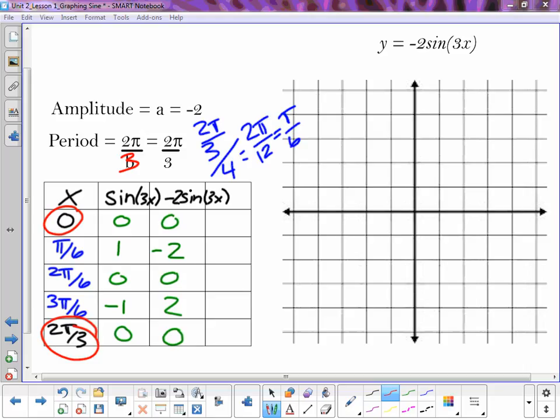So I start from 0, I go up pi over 6, I go up another pi over 6, which is 2 pi over 6. It's the same as pi over 3. I go up one more pi over 6, and then one more pi over 6. 4 pi over 6 is the same as 2 pi over 3, which is where we should stop for one period.